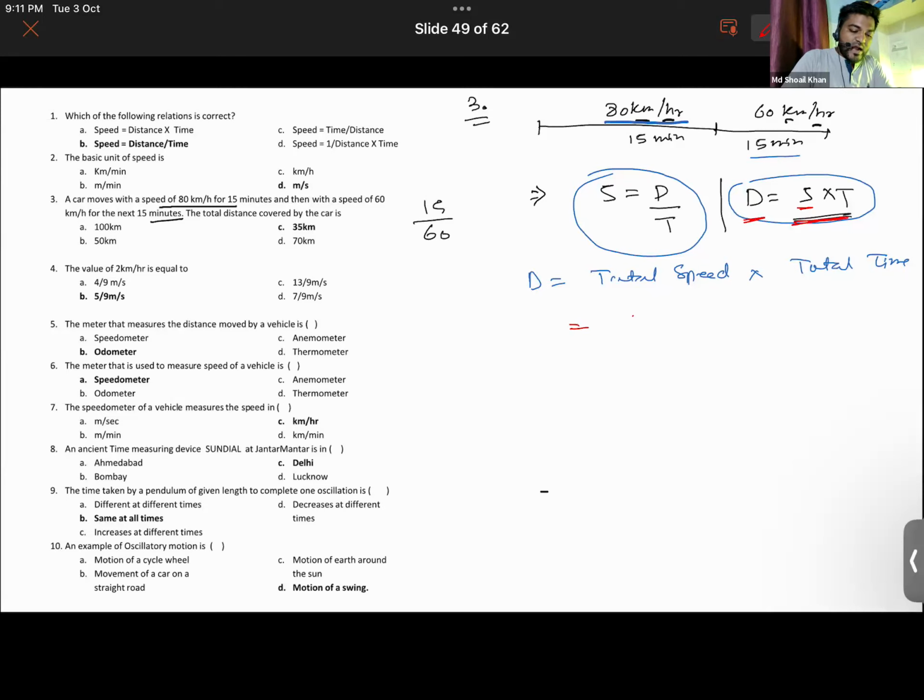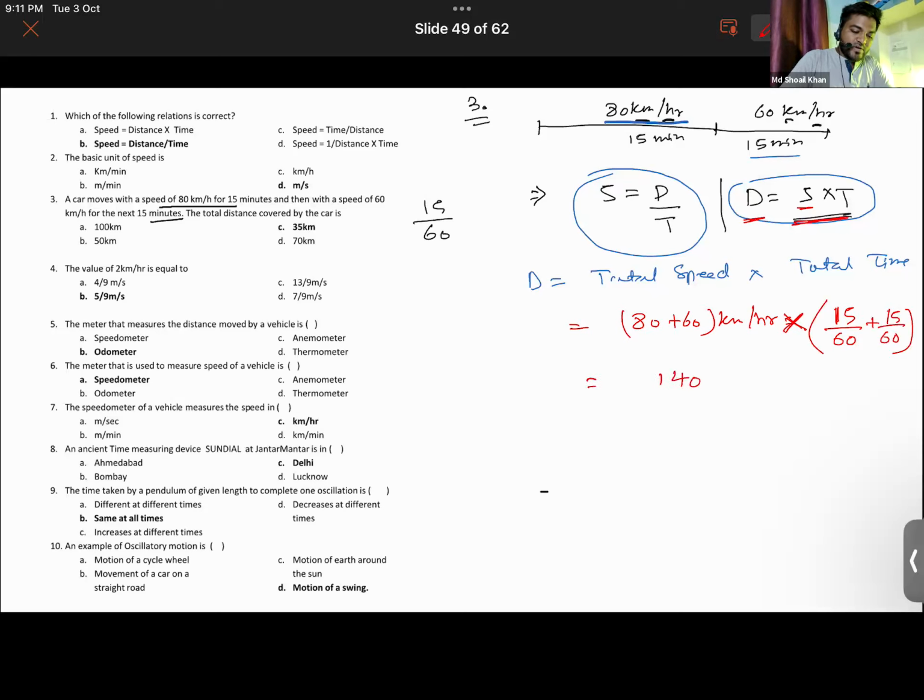So we add them now. 80 plus 60 kilometer per hour. And then you need to take care of time also. So multiplied by 15 upon 60 plus 15 upon 60. There are two times given here.